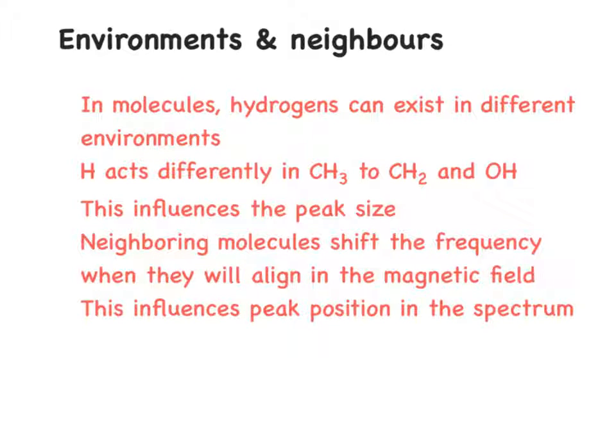Now, if you have a look in your data book, around about table number 26 or 27, you will find the chemical shifts associated with certain patterns. In other words, we look at what is attached to the carbon which has got the hydrogens on it that we're interested in.